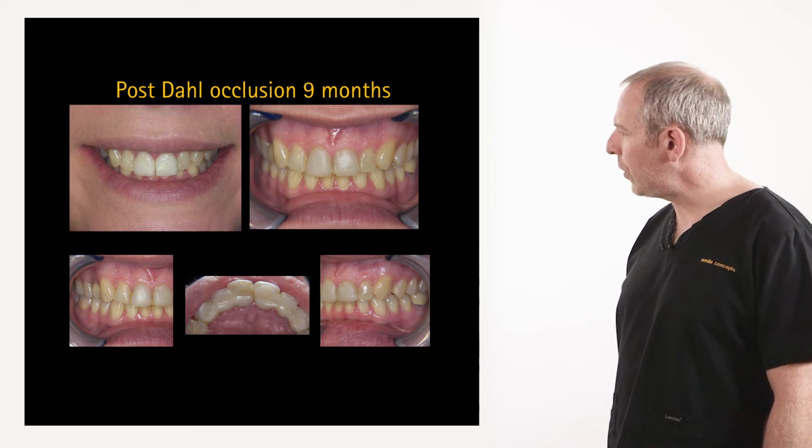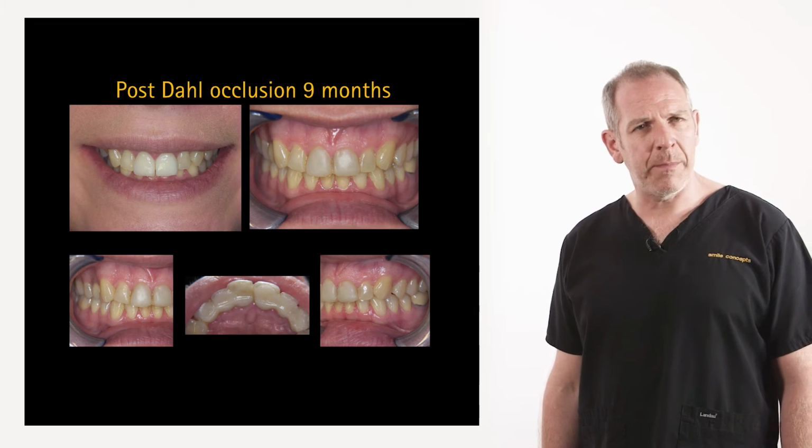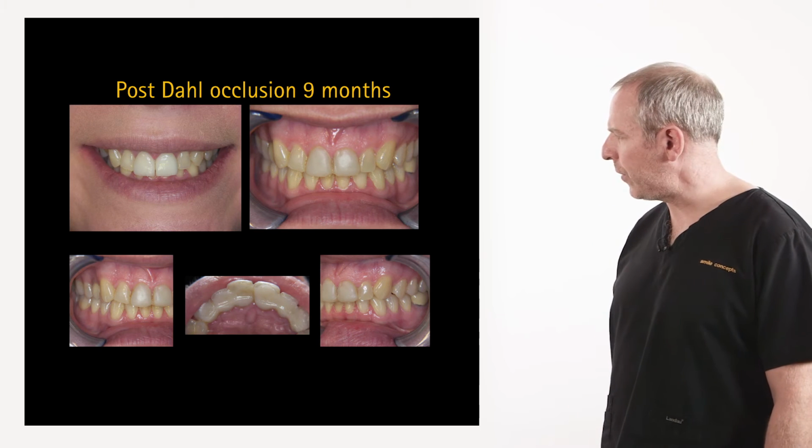The canines, you can see, have the Dahl in place, and this was literally sectioned anterior to the canines, polished over, and then these were left essentially as composite long-term shims.